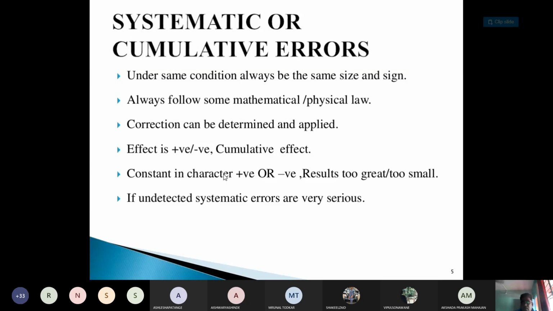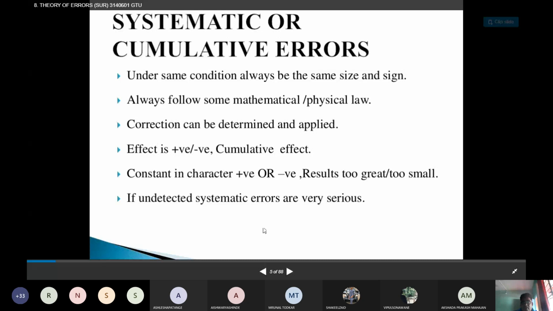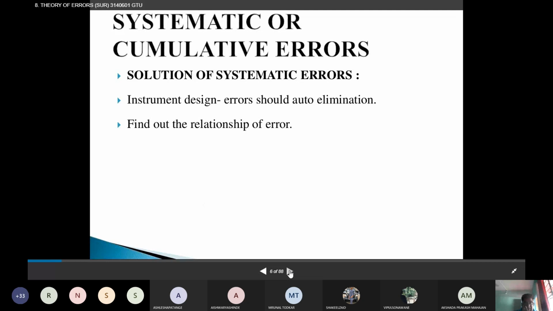Then the results are too great as well as too small, and undetected systematic errors are very serious in nature here, and sometimes cannot be overcome. So the solution for this systematic error is nothing but instrument design, with the error auto-eliminated.